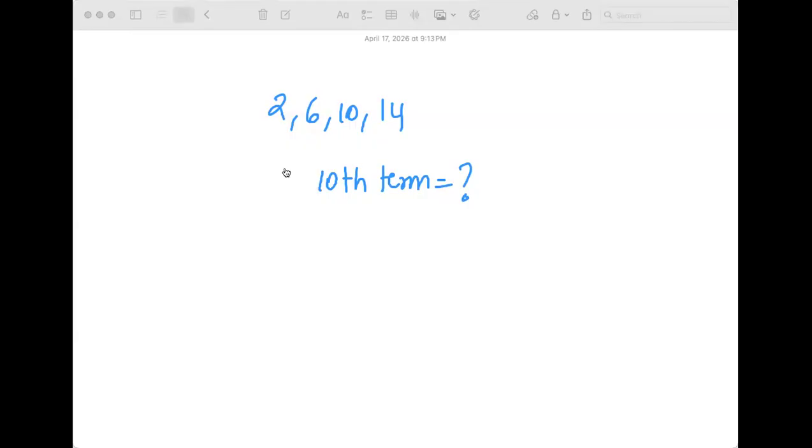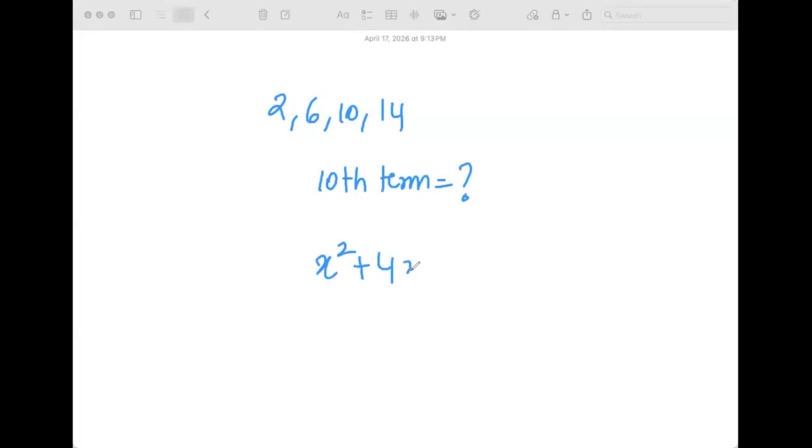Now, how about this? Okay. X square plus 4x minus 12.